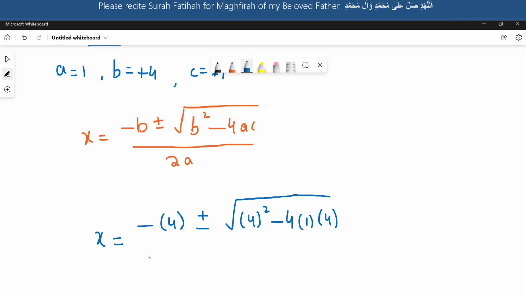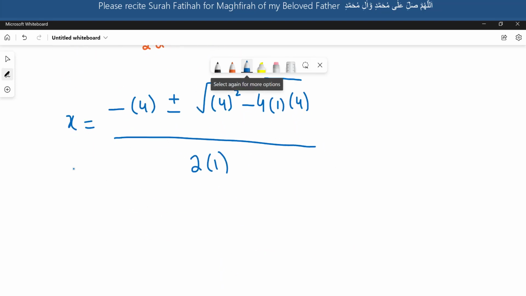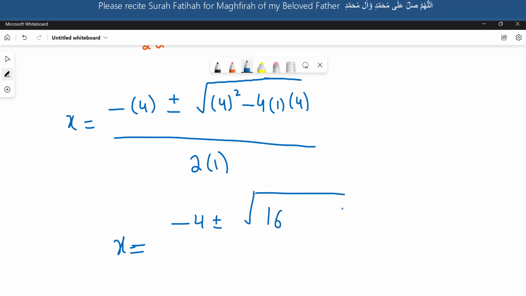The value of a is 1, remember. 2 times 1. Alright, we just have to get the values. x equals minus 4 plus or minus the radical of 4 squared, 16, minus 4 times 4, 16, divided by 2.